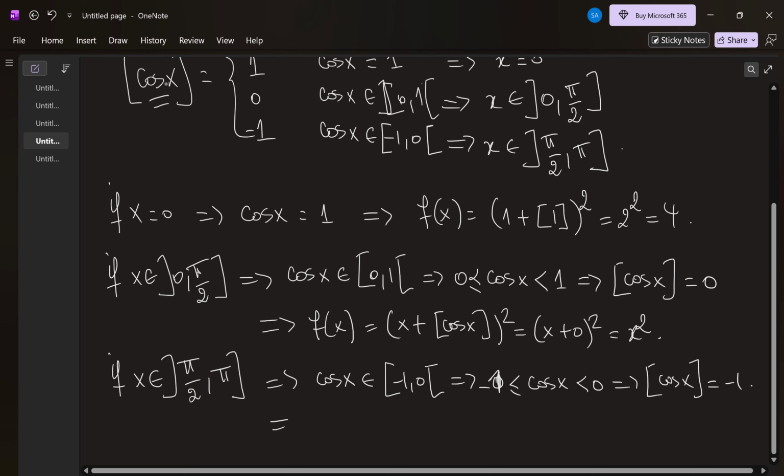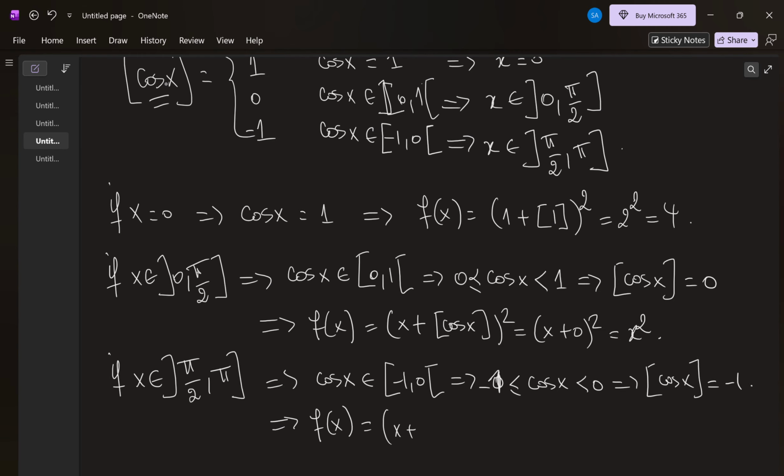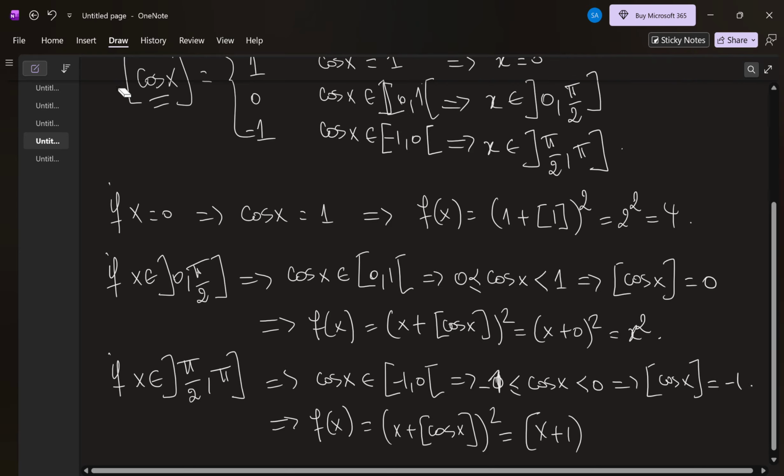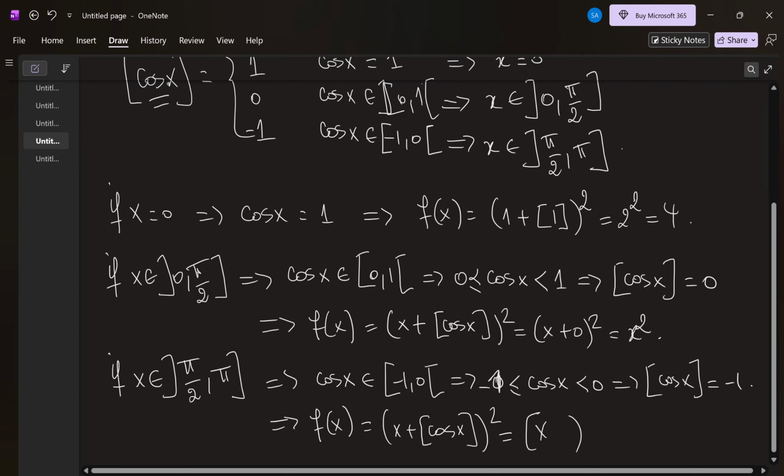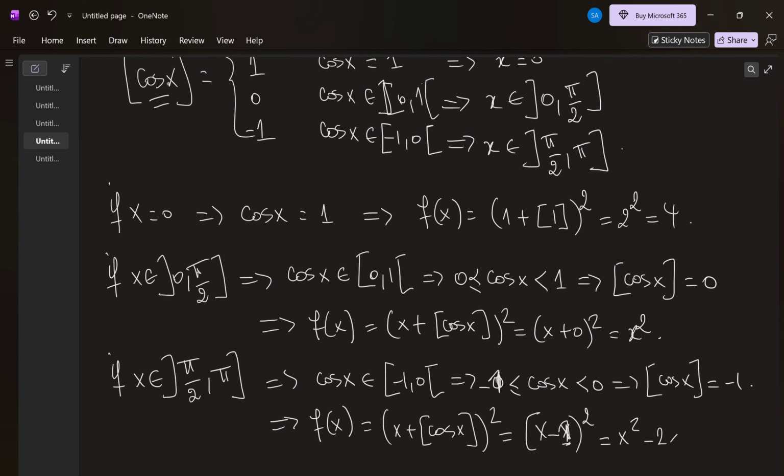In this case, f of x is equal to x plus the floor function of cos x all squared, which is equal to x minus 1 all squared, which is x squared minus 2x plus 1.